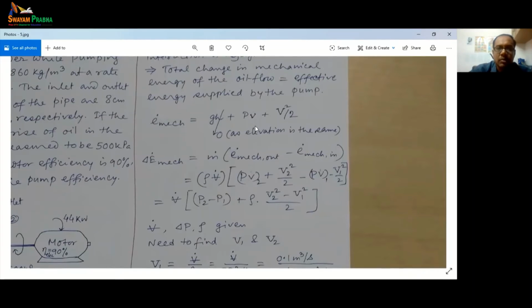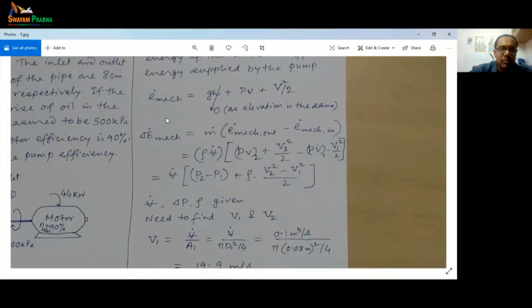So e dot mechanical will be pressure times specific volume plus velocity squared by 2.